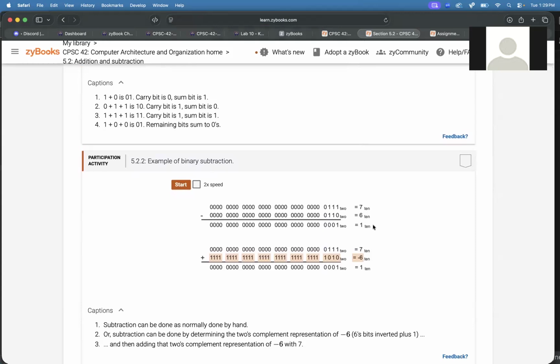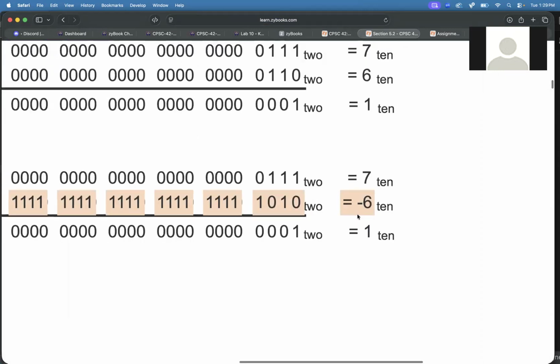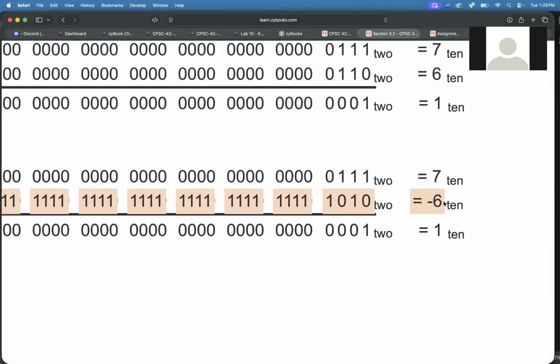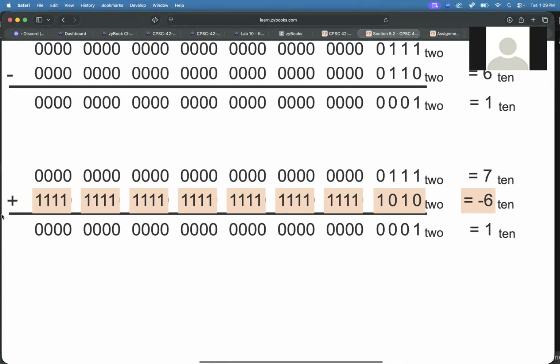The other thing we learned how to do was to write things in two's complement. So, for example, the way you would write -6 in two's complement is written right here. And the whole point of two's complement was that if you have a positive number or a negative number written in two's complement, you can add them and get the correct result with the same exact algorithm for addition or subtraction that we were already using.